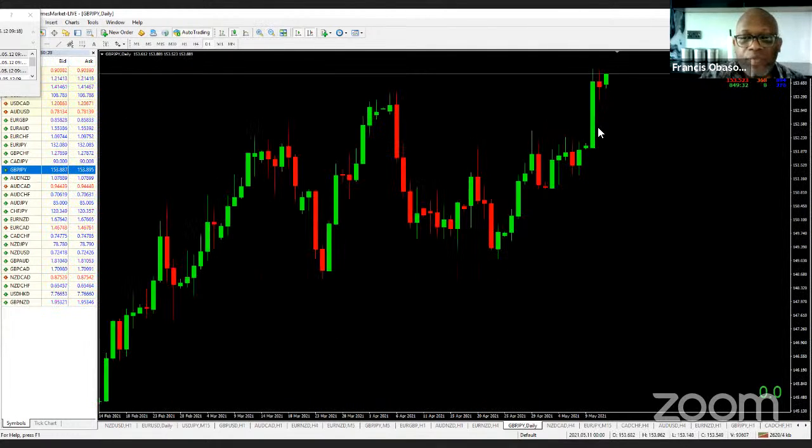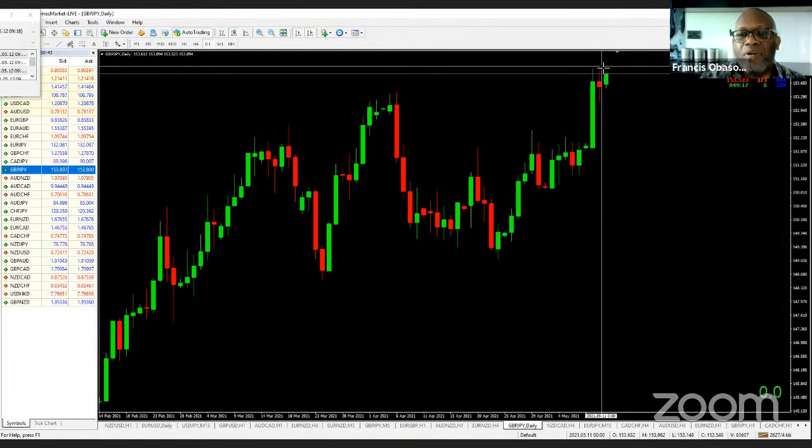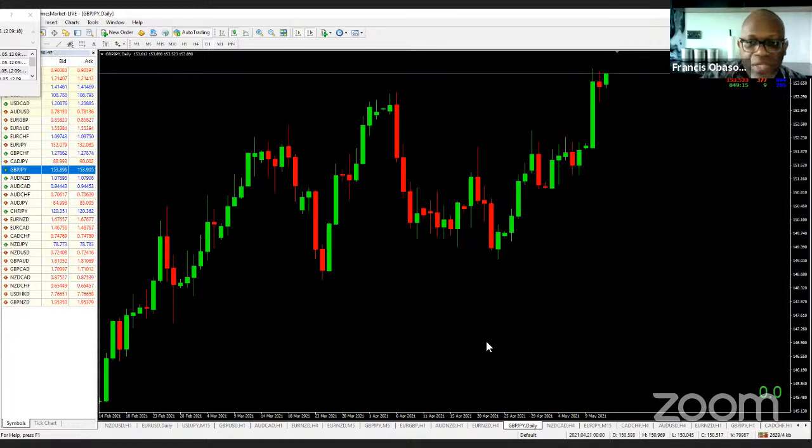I mean, we can see what's going on here now. This is the daily time frame. This is today, yesterday, and Monday. We see there was a big push up on Monday, and it seems as though the price is finding it difficult to break above. So we'll see what happens with this one. I'll keep an eye on that.